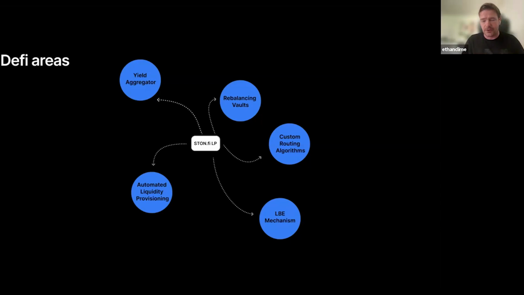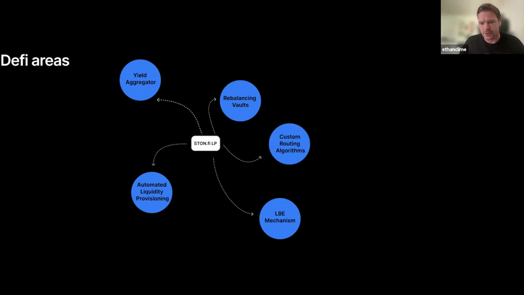Then custom routing algorithms. This comes down to TON aggregators that use the API to discover what pools have the best swap feature, for example, or this could be utilized with arbitrage bots. So those are areas where you can use the API.